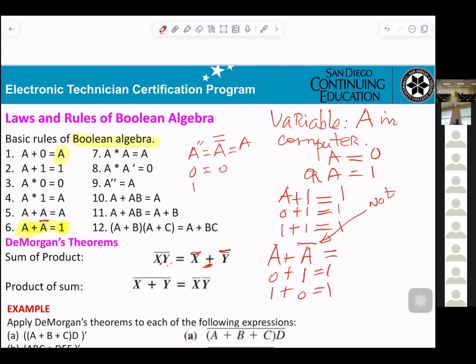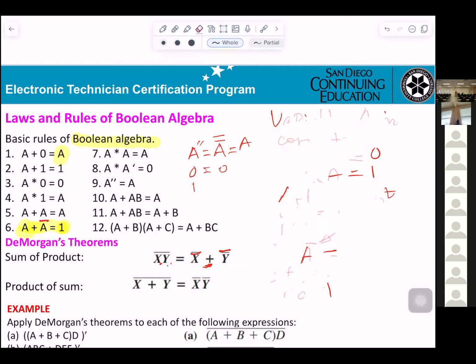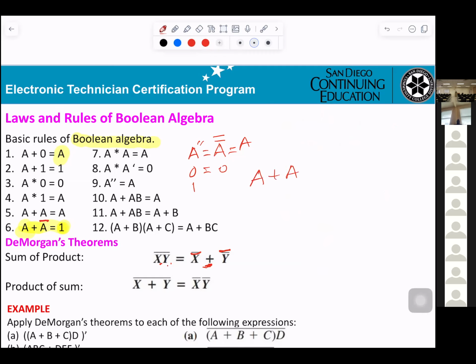Another thing: A or AB. Now, let's see how A or AB equals A. They say it equals A, how come?